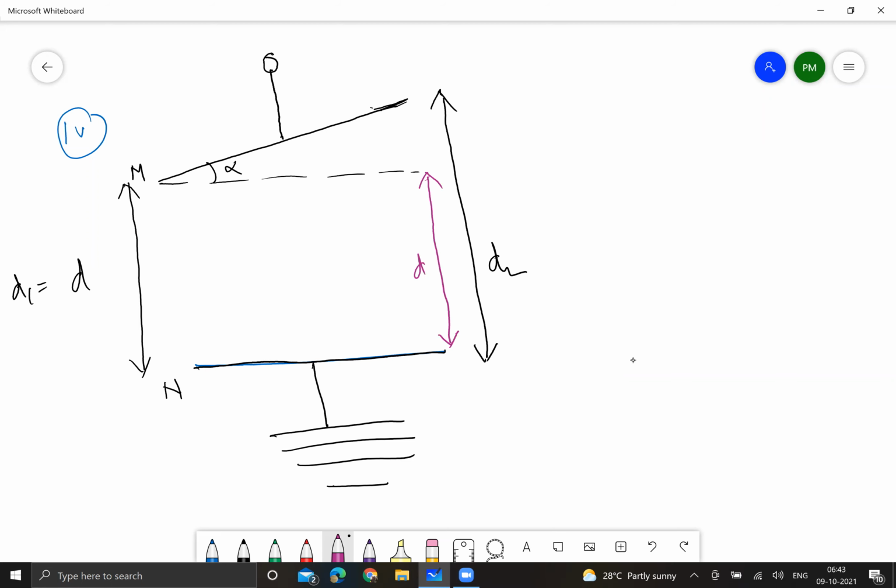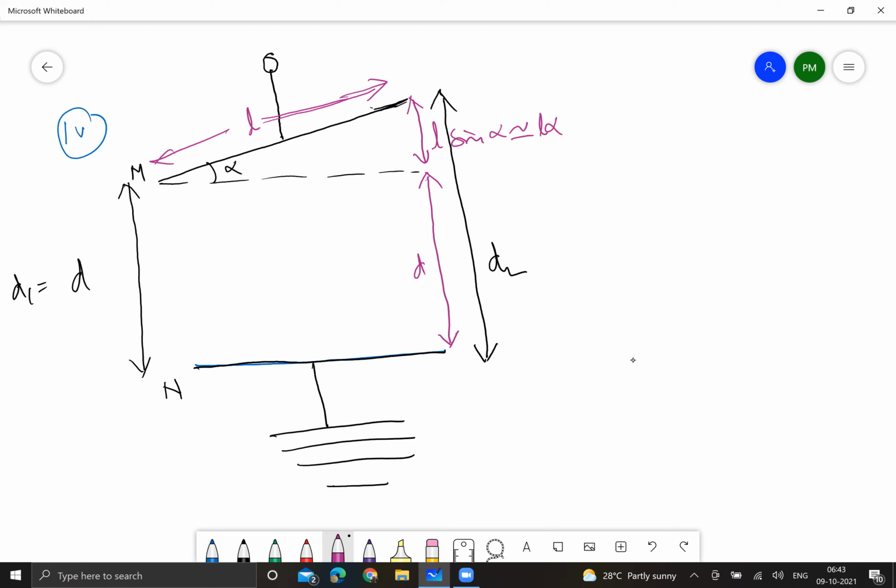This is L. So this will be L sine alpha, correct? Because this angle is very small, it can be L alpha.